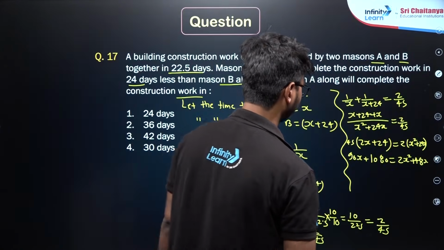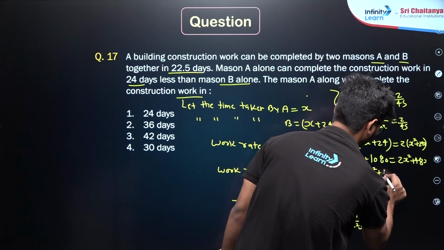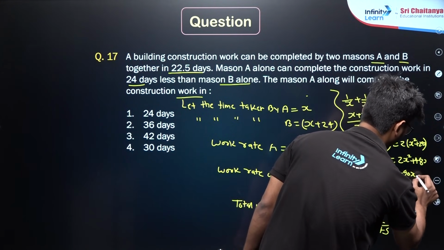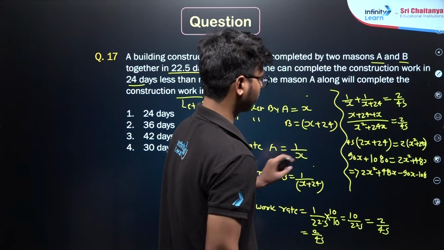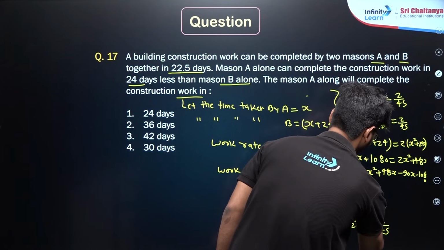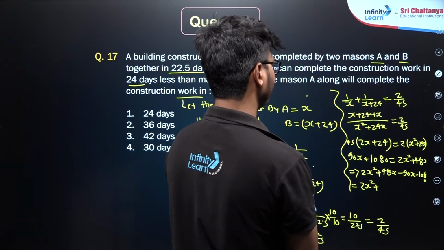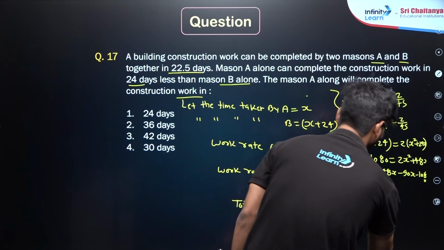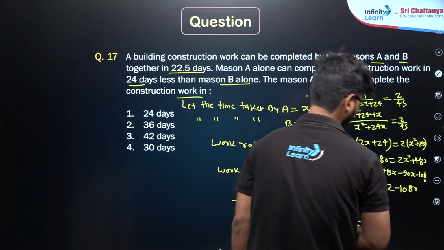Now further, I can write this as 2 times x square plus 48x minus 90x minus 1080. So I can write this as 2 times x square, 48 minus 90, which is minus 42, so it is minus 42x minus 1080, correct?